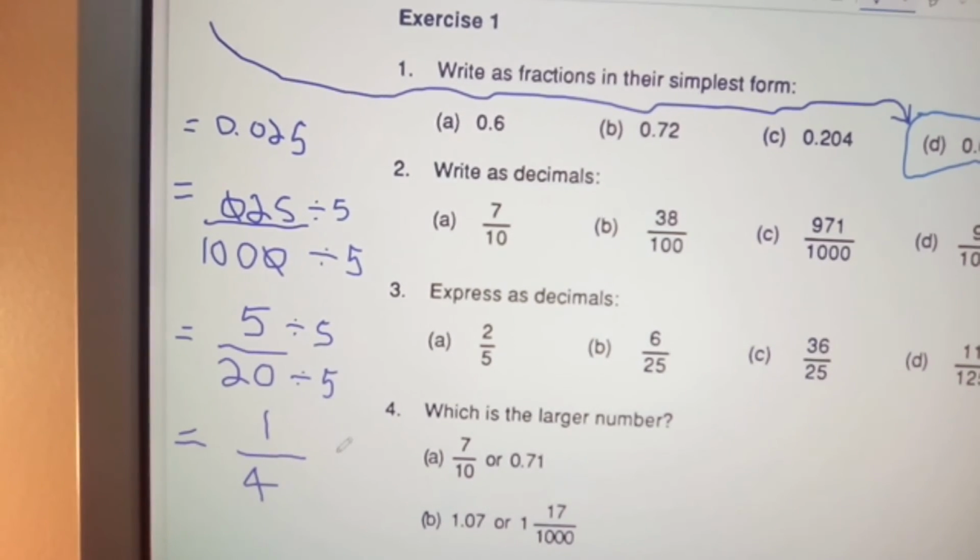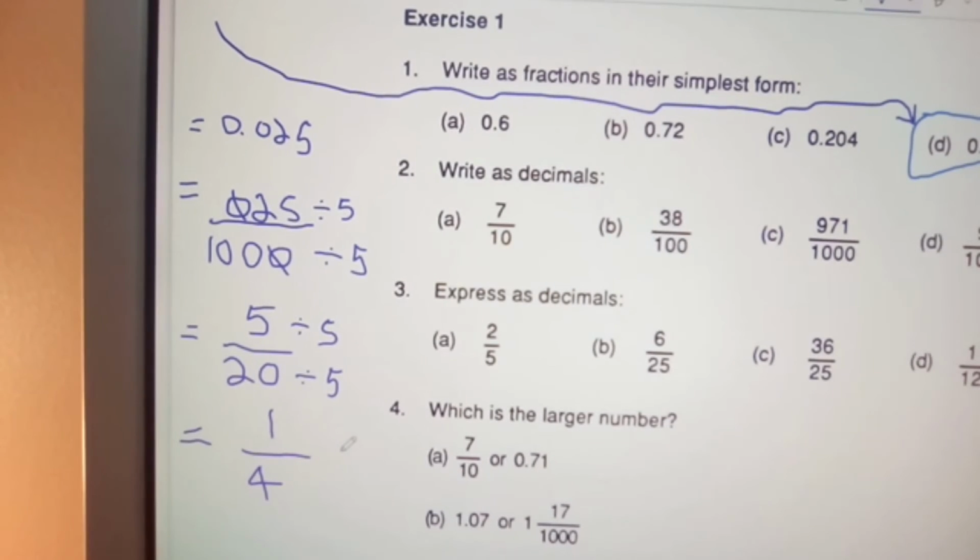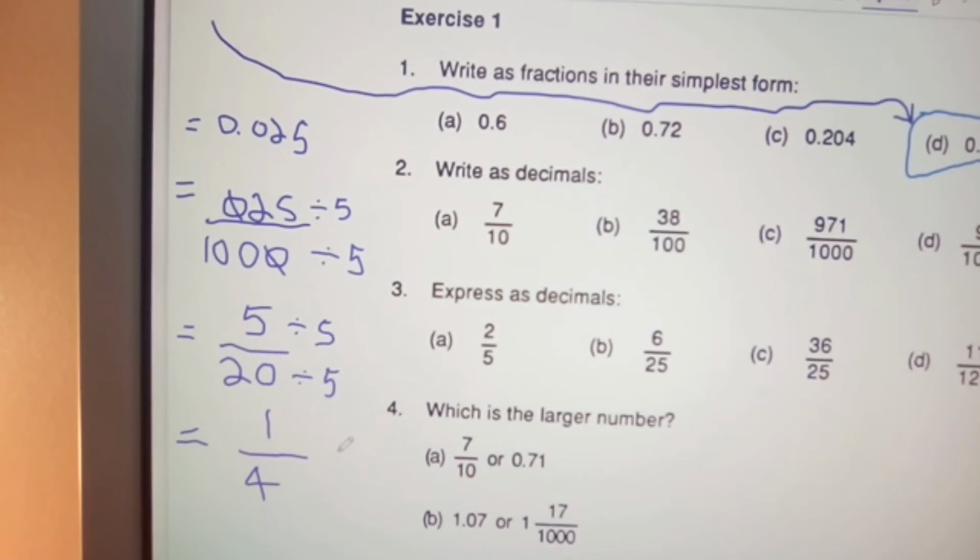But it shows up as, come on, tell me what am I doing wrong here.